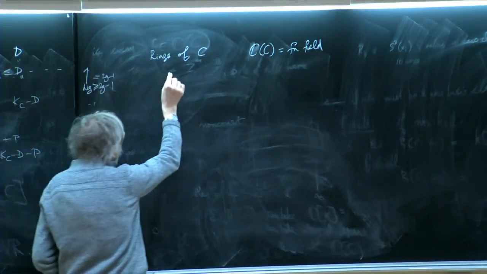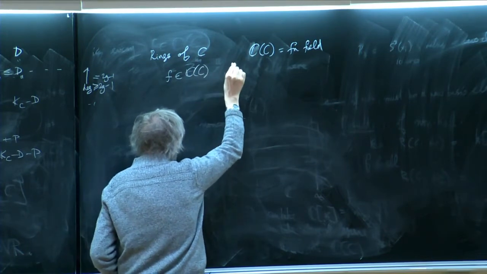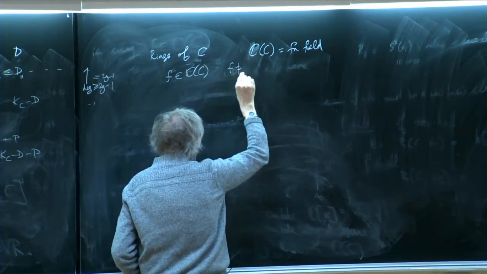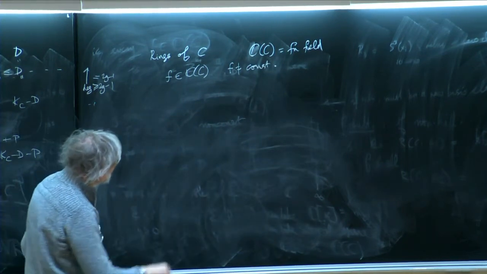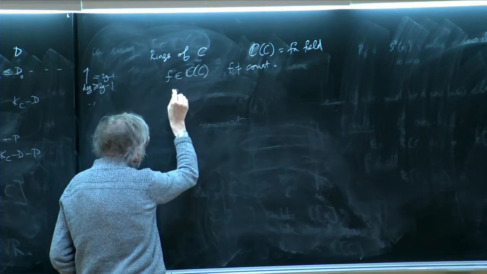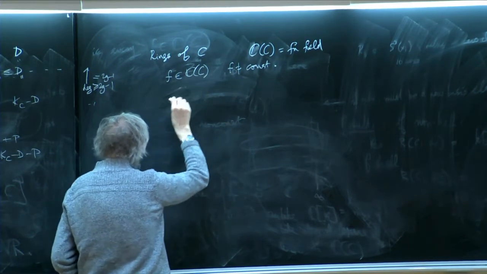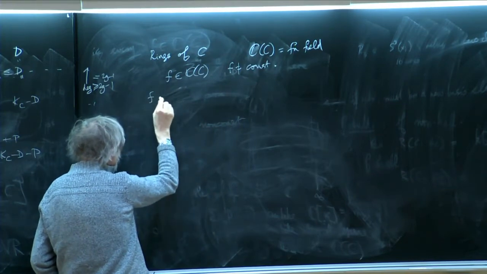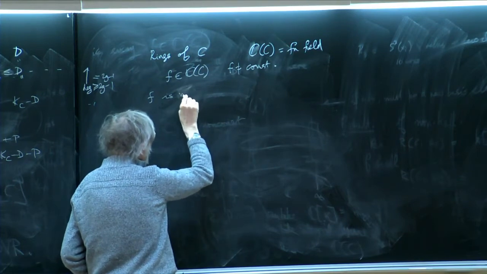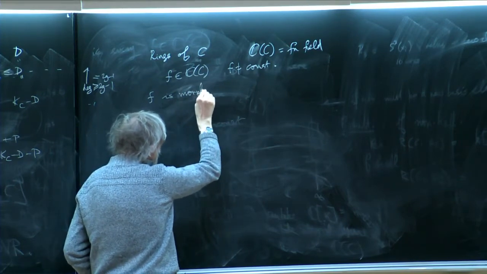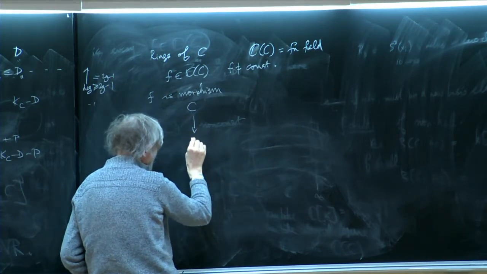So if I take f in K of C, f not constant, then I want to think of f as a function, a morphism from C to P1.